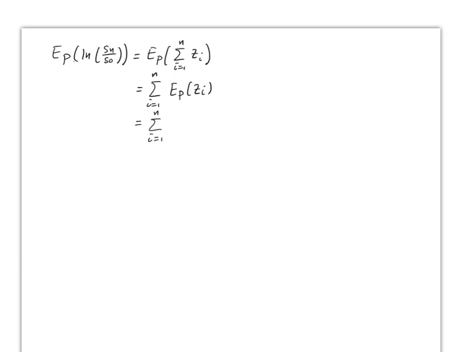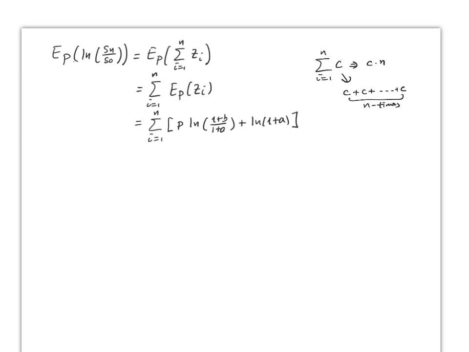In the previous page, we calculated this part already, and the expected value of that was equal to P ln of 1 plus B over 1 plus A plus ln of 1 plus A. Now, at this point, this is a constant, and remember, when you sum a constant from i equals 1 to n, you just end up with C, the constant, times n, because this pretty much means c plus c plus c, n times.